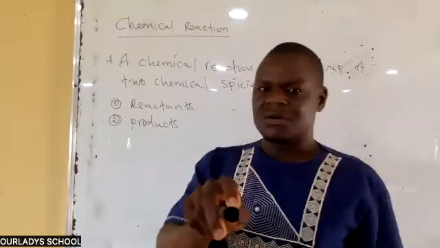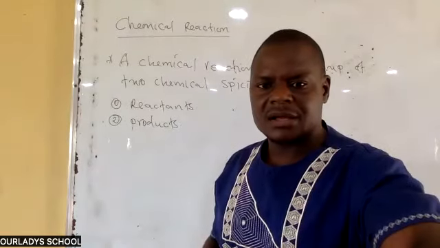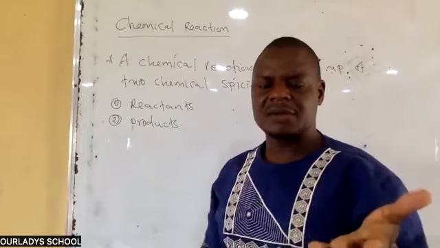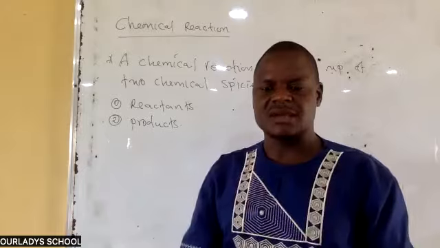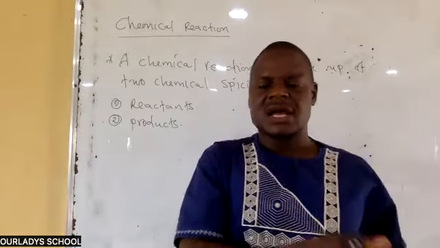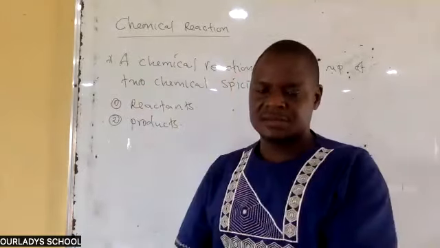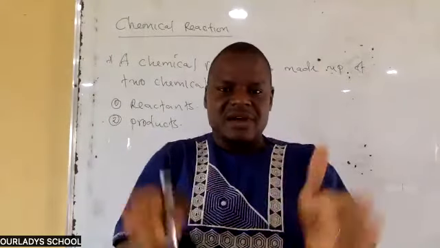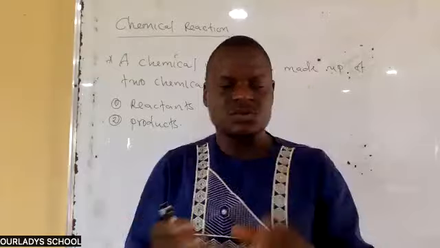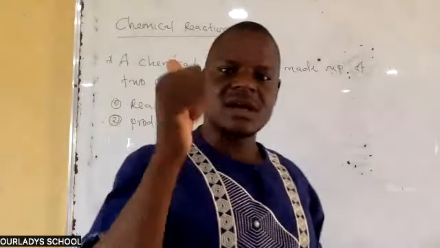But maybe the trouble may come if a chemical reaction is given and then you are told to decide which ones are reactants and which ones are products. How would you know? Or what is it that is there to provide a clear-cut distinction between the two? We have a direction arrow.